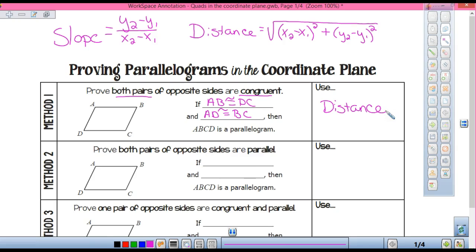If we're talking parallel, so now if AB is parallel to DC, who else has to be parallel? AD would have to be parallel to BC. And if we're looking at whether or not they're parallel, now I'm going to use the slope formula.